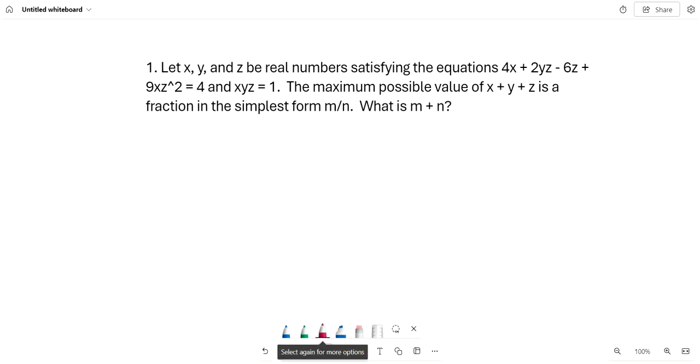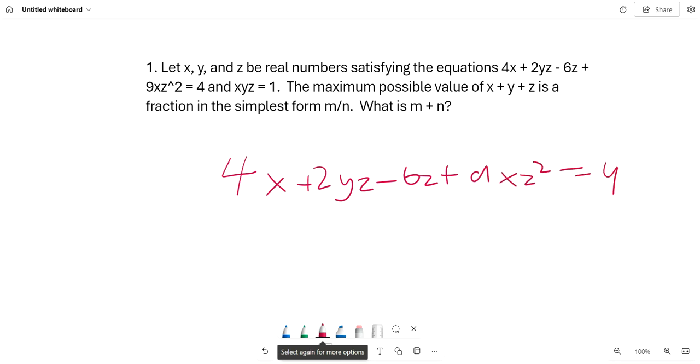So we start by getting the equations into a proper format. So let's rewrite the equations, and we get 4x plus 2yz minus 6z plus 9xz squared equals 4, and xyz equals 1.